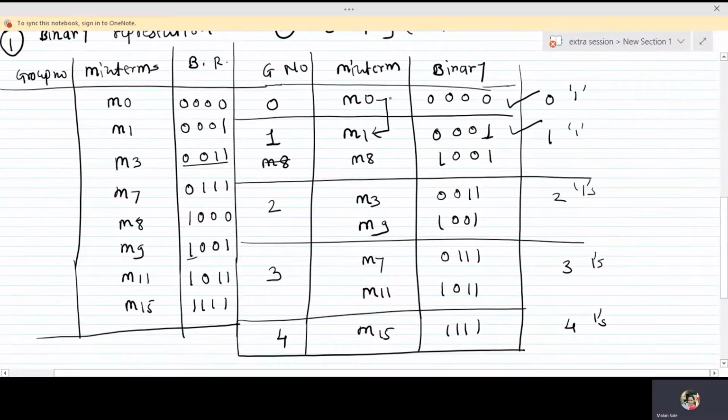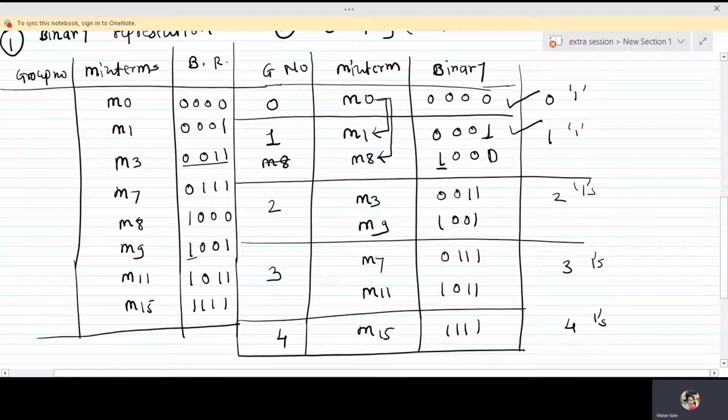Now again, M0 compare with the next minterm, M8. Is any one bit changed? M0 and M8, yes, the first bit is changing.